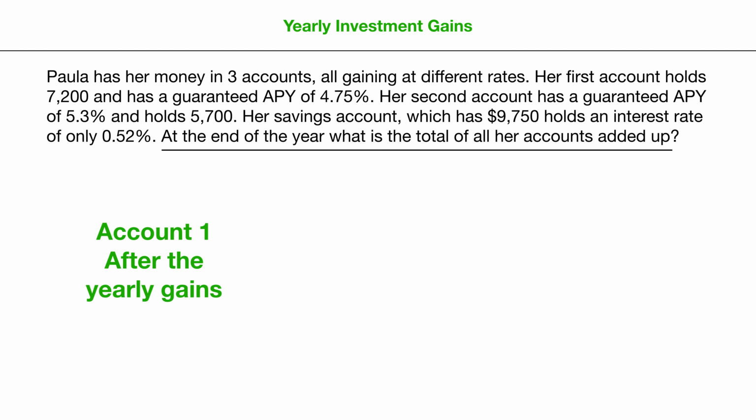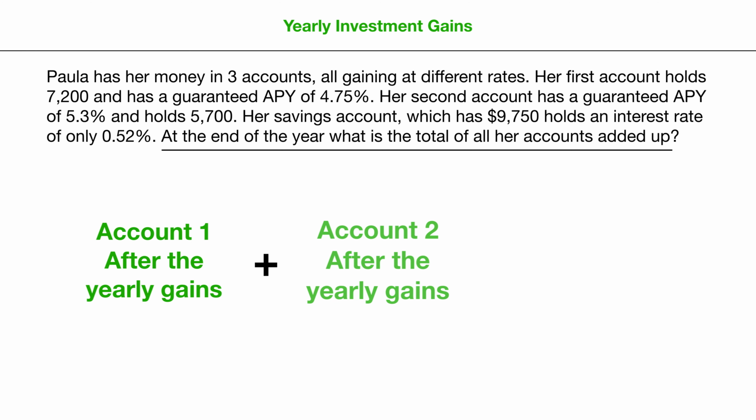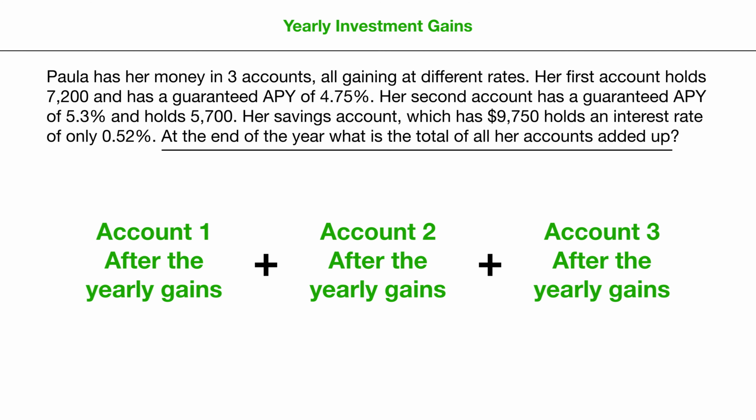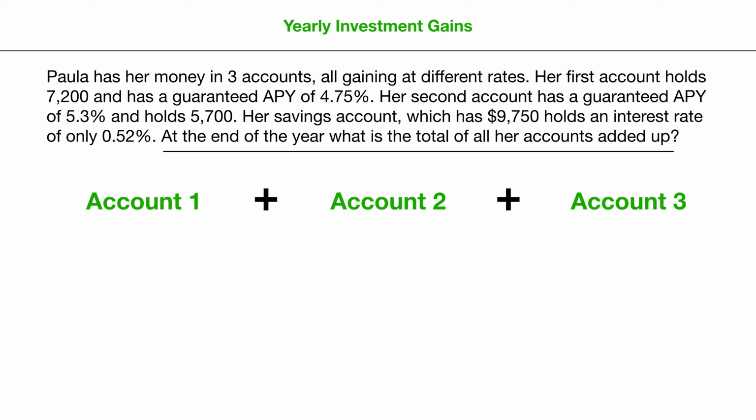You're just going to find account 1 after the yearly gains, add it to account 2 after the yearly gains, add it to account 3 after the yearly gains. So you just have to find what the yearly gains are and add them up. Let's start with account 1. It holds 7,200, APY of 4.75%.